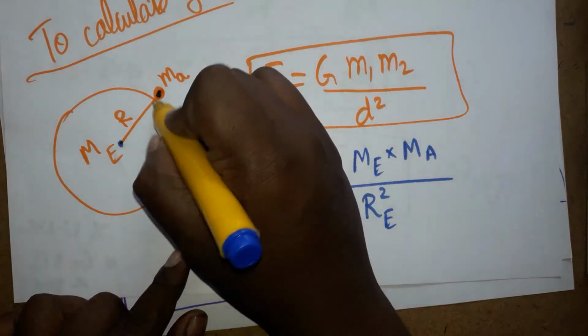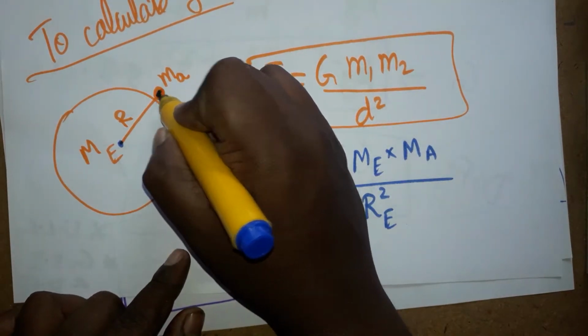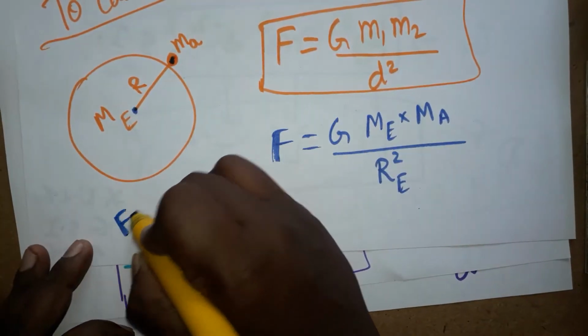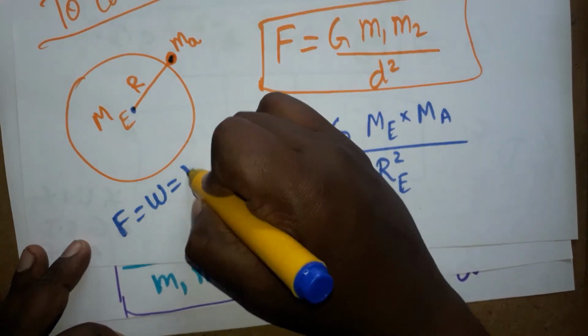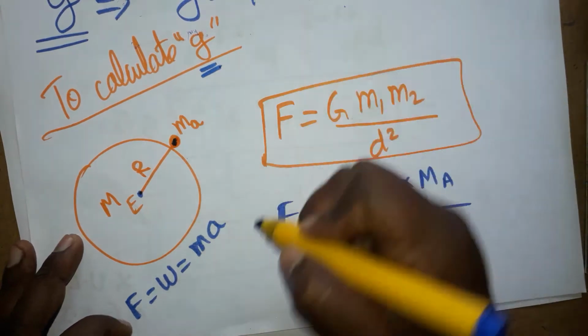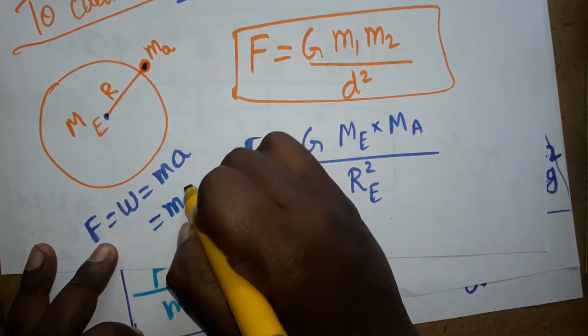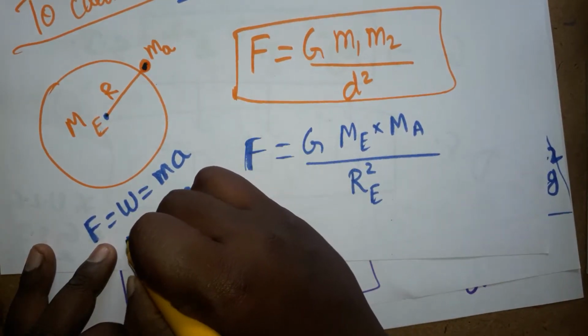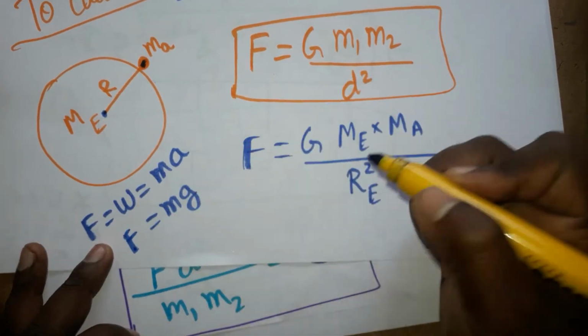Now the apple on the surface has weight. Force is equal to weight, and weight is equal to m a. Here a is the acceleration due to gravity, small g. So m times g is equal to F, otherwise weight is equal to mg.